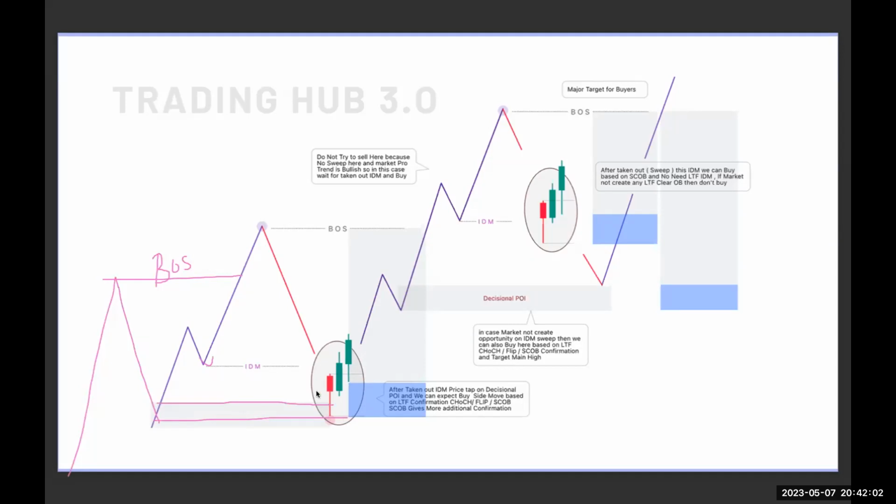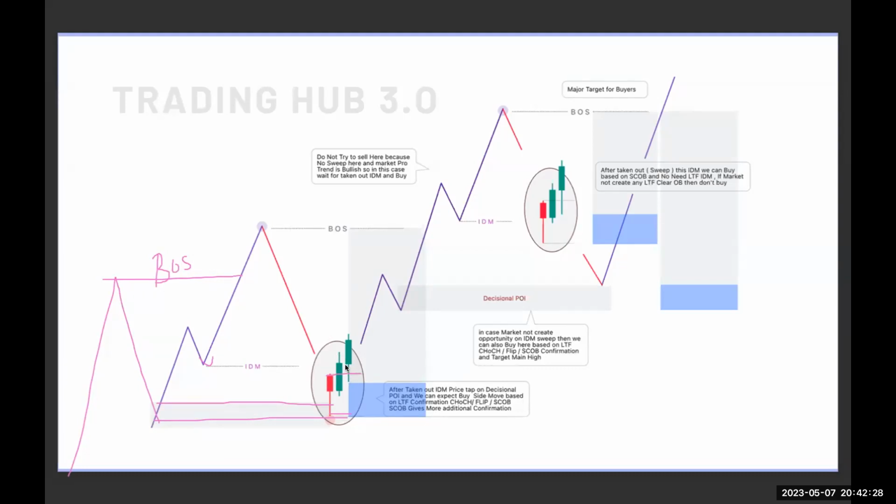The second scenario is here. If you want additional confirmation for the buy and sell, then you can use single candle order block for additional confirmation. So what happened here? Price tapped here and gave a single candle order block confirmation. Price tapped here, gave a reaction, and the third candle mitigated this first candle order block, which is our bullish order block, and tapped there, and you can buy here, right?